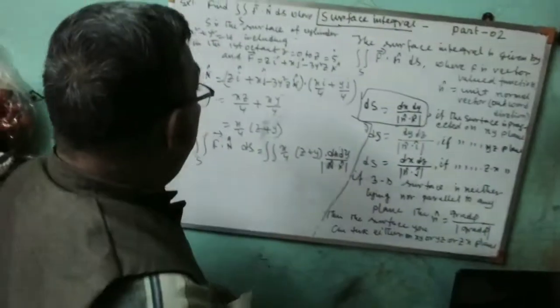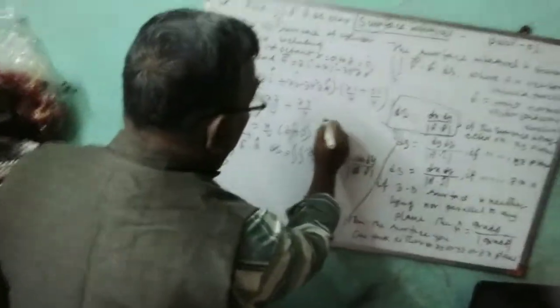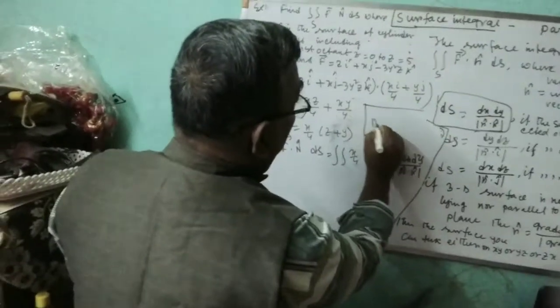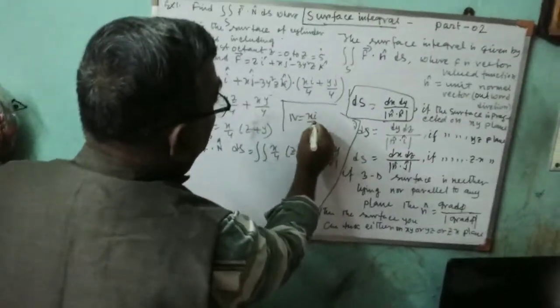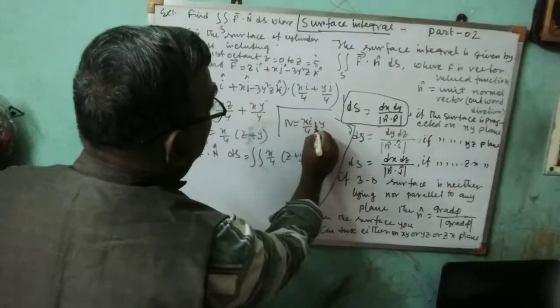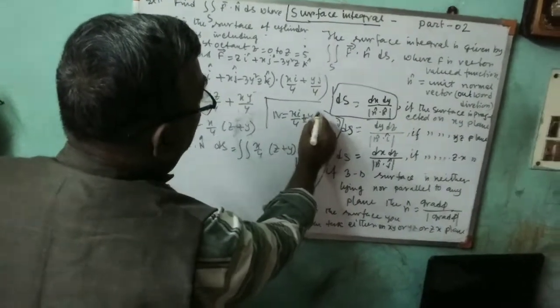What is the n cap value? n equal to xi by 4 plus yj by 4.